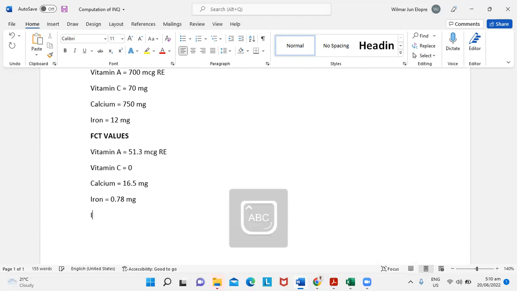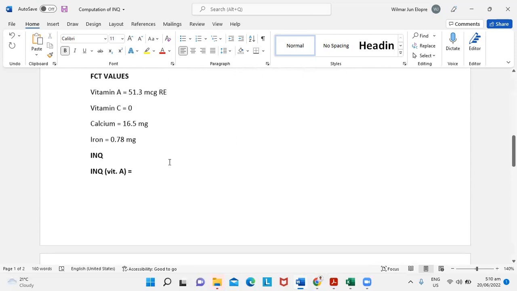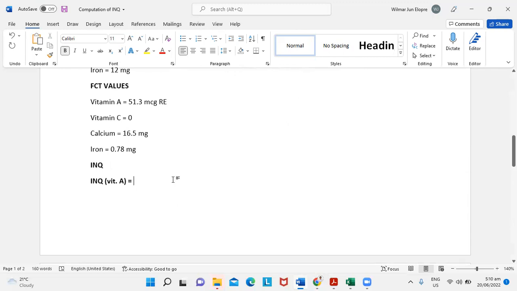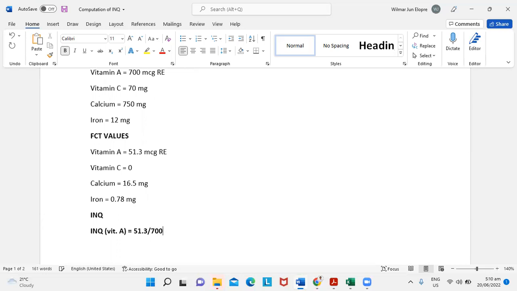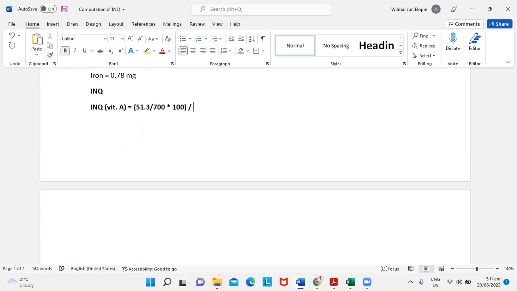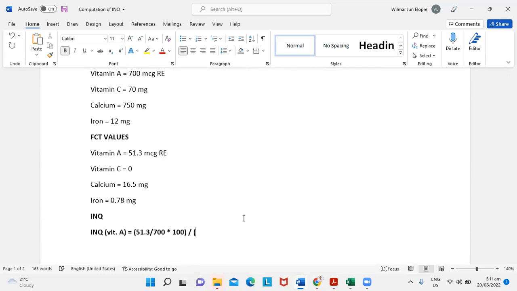Okay. So, compute na natin ang INQ. So, ang INQ for vitamin A is, again, i-follow na itong formula, no? The actual content, which is 51.3 divided by 700, okay, times 100. Okay, divide na to sa percent TR, which is computed as the actual calorie content.